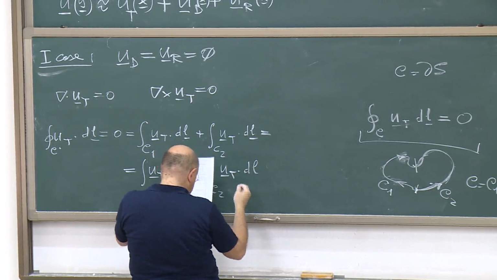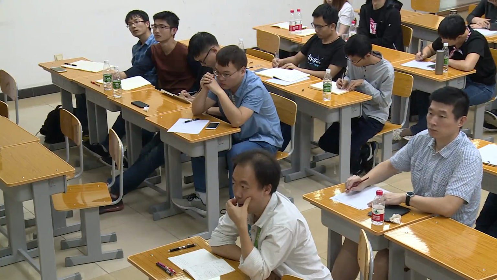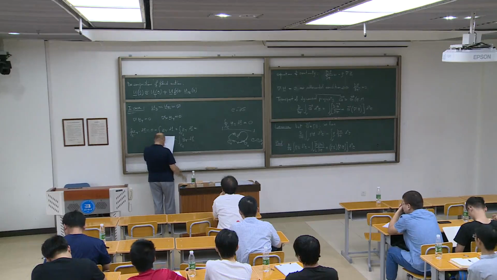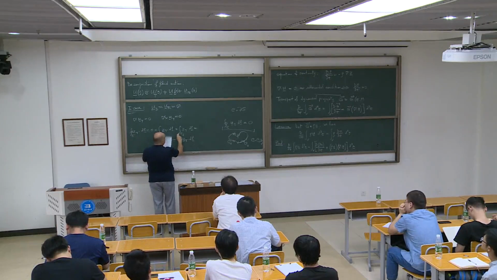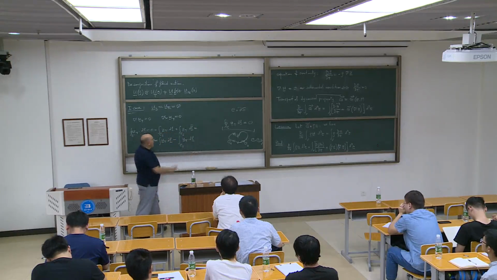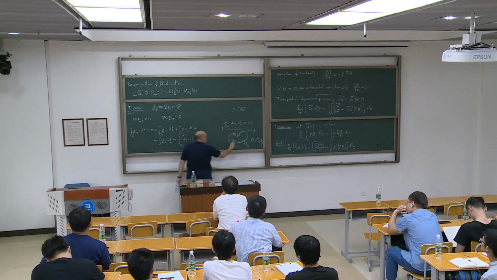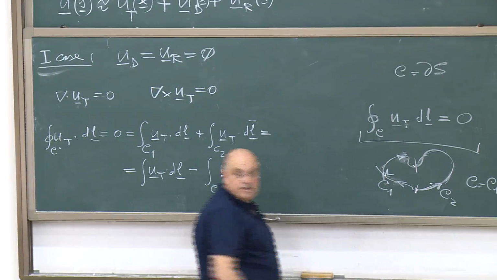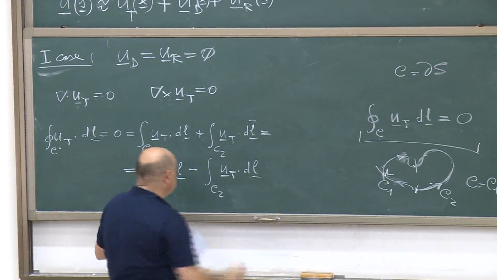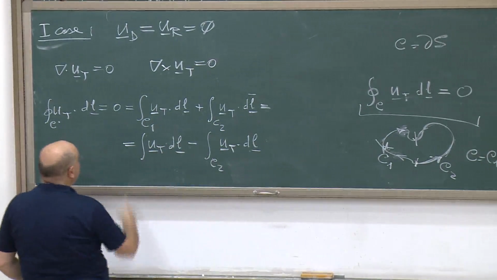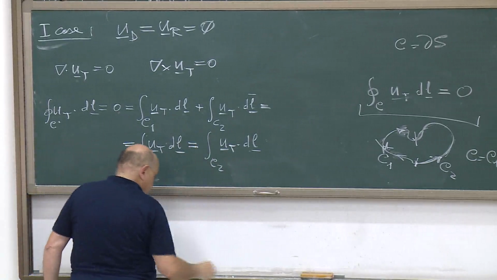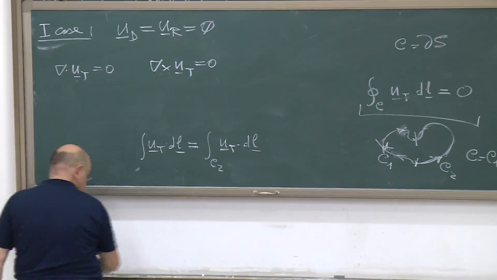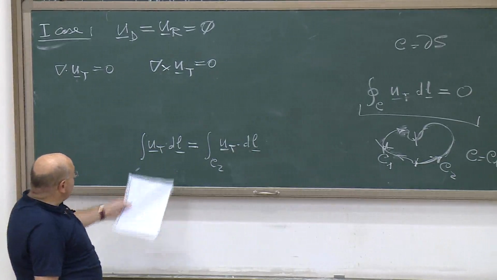Okay? I can say that, with this minus, there is an inconsistency in what I wrote. I should write something like this. Let me find an escape route. The escape route is, I call this L bar, this orientation, and then this L, the other one. So minus L is L bar, or the other way around. Okay, so I'm here. We know that this is 0. So we know that this is equal to that one. And now you do the discovery.